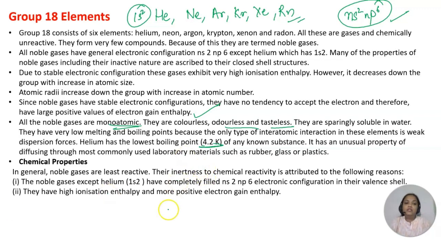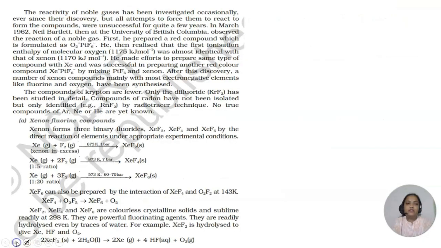Since noble gases have completely filled outermost shell, they are least reactive. They have ns2np6 configuration, so they have high ionization enthalpy and positive electron gain enthalpy, but some compounds were found. Actually there was a scientist, Neil Bartlett. He observed the reaction of noble gas.